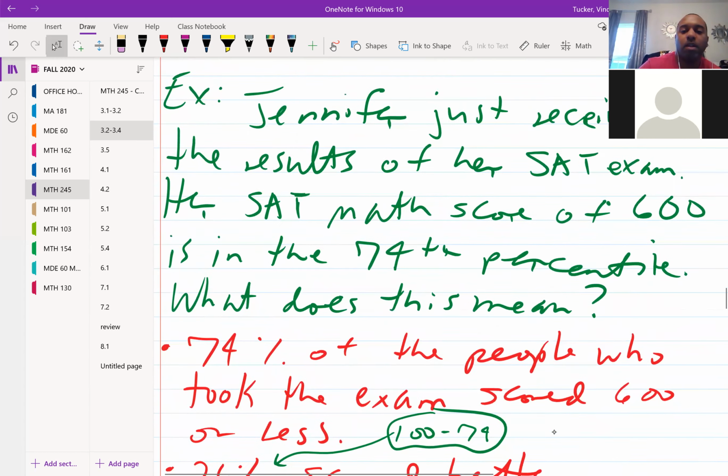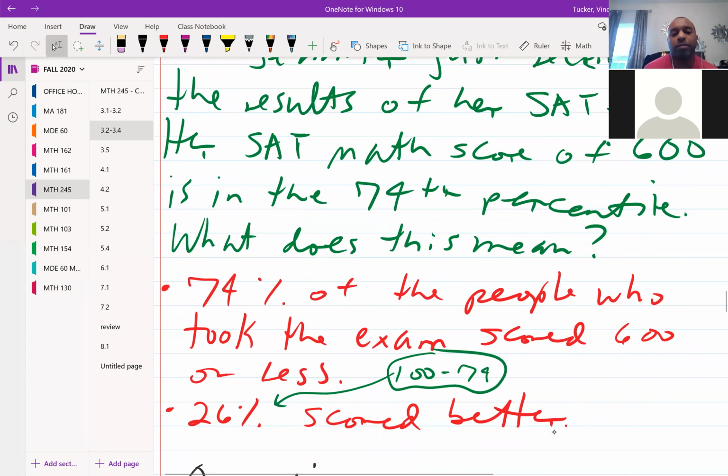Right. So that just means 74% of the people who took the exam scored 600 or less, and then 26% scored better. And you got that 26 from 100 minus 74.